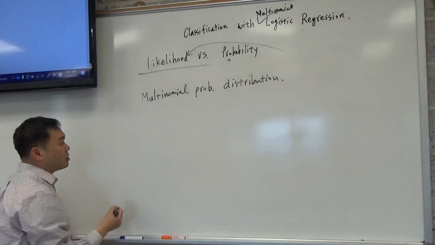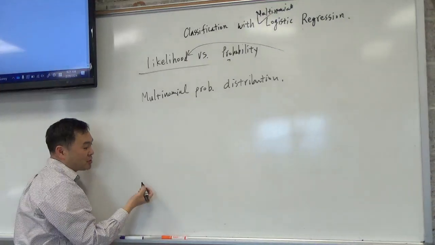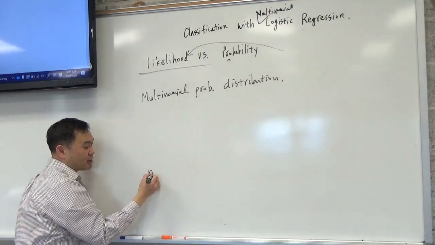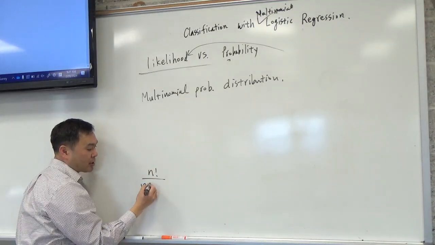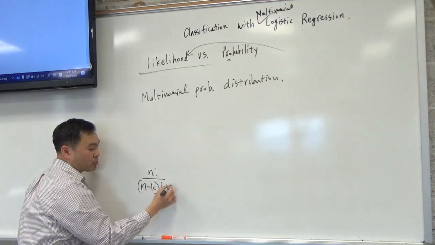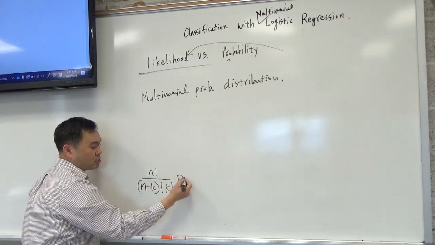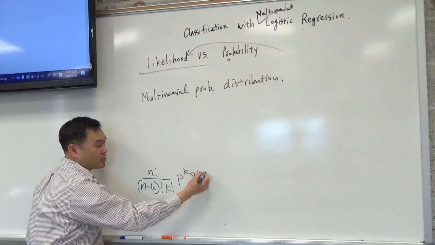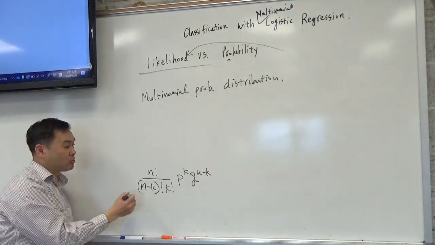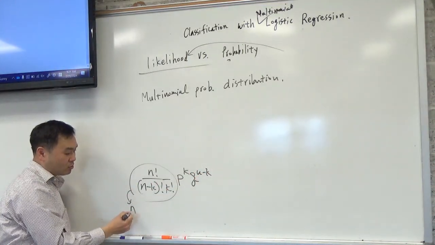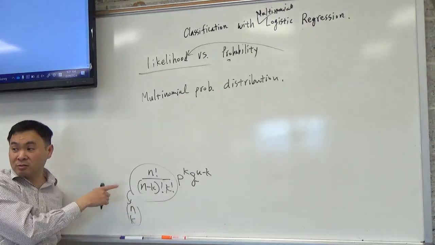So here's a binomial probability distribution, which is n factorial over k factorial times n minus k factorial, p to the k, q to the n minus k. Usually you just call this n choose k, right? Yeah, that's the one that you learned.